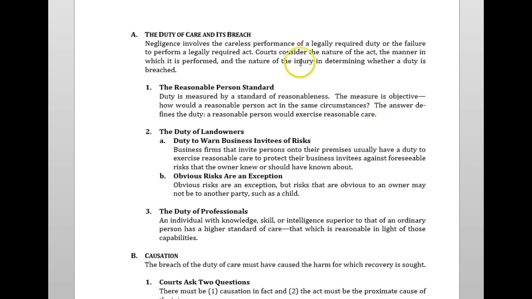let's go back down to the duty of care and its breach. The main thing that you want to realize here, the standard for judging this, is the reasonable person standard. And that says the duty is measured by the standard of reasonableness.